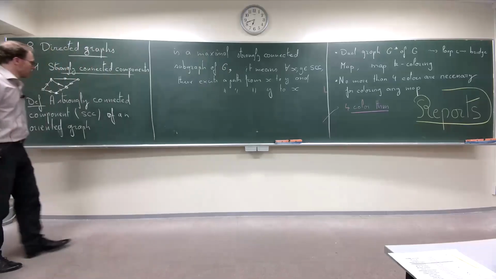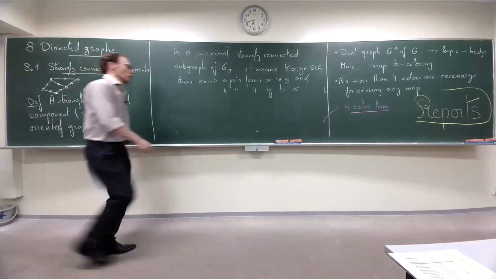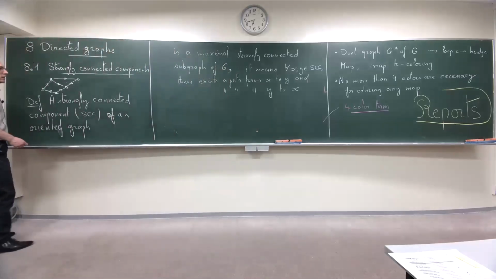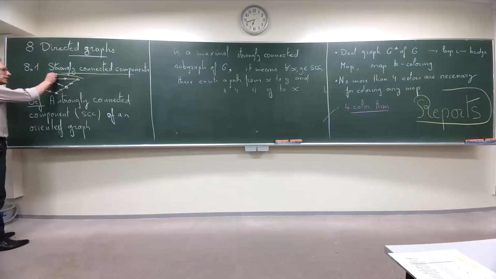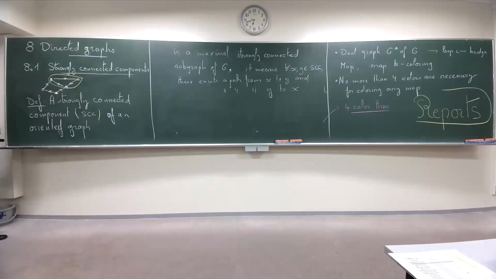So for example, in this picture, what would be a strongly connected component? This part would be strongly connected because you have only 3 vertices, but you can go from any of them to any of them.